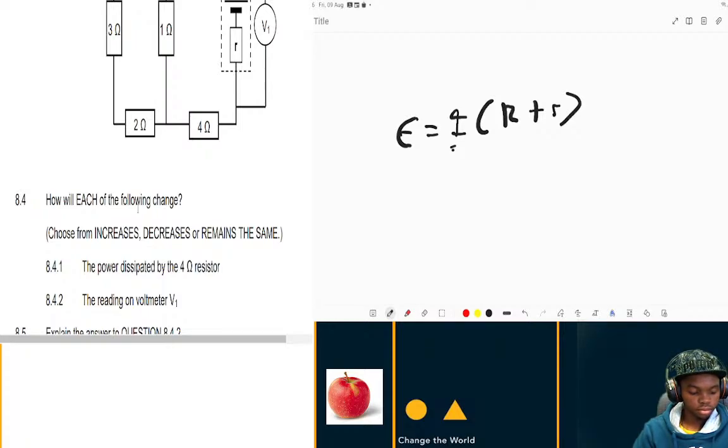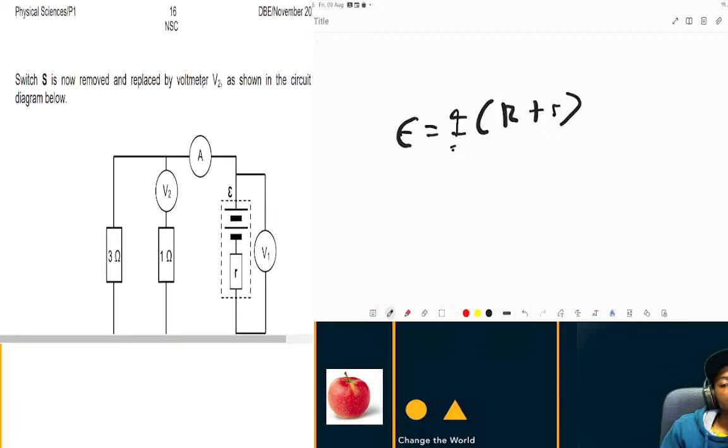Interesting. So they say, how will each of the following change? Switch S is now replaced by voltmeter V2, as shown in the circuit.